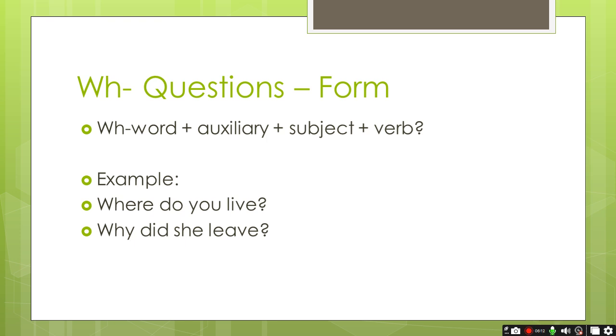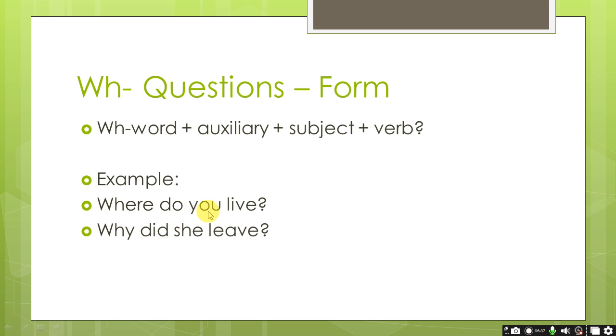We are going to see their formation and examples. We start with the WH word, plus auxiliary, plus subject, plus verb. For example, we have where. Where starts the sentence. Do is the auxiliary to do.